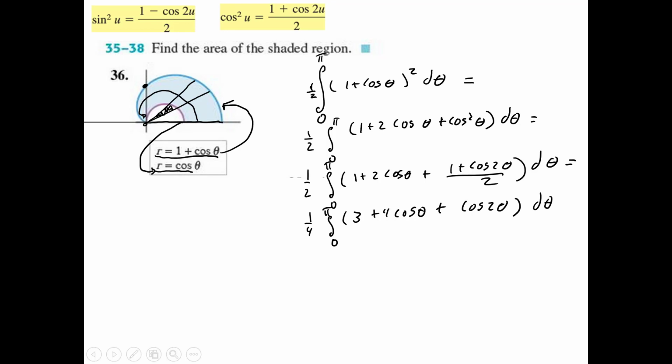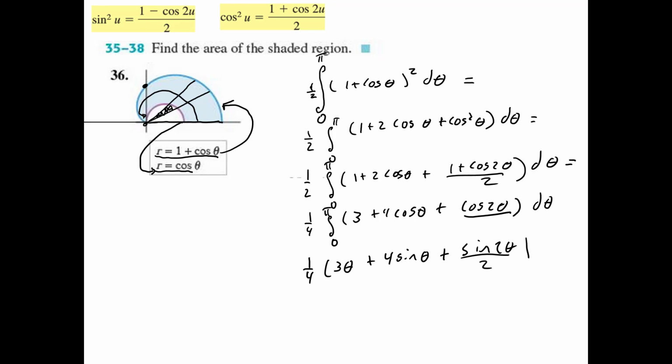Okay, and then basic antiderivatives now, almost basic. This one's a little bit not basic. We have 3 theta, and then we have 4 sine theta, and then we have sine of 2 theta over 2.